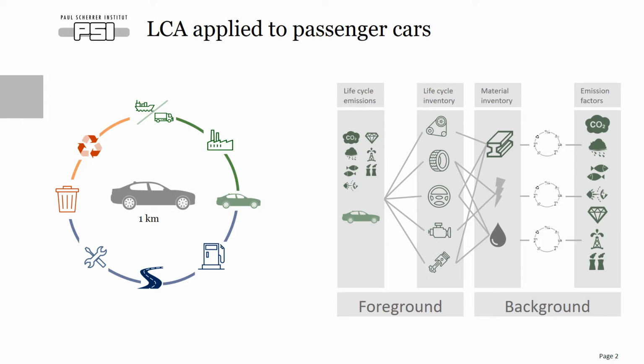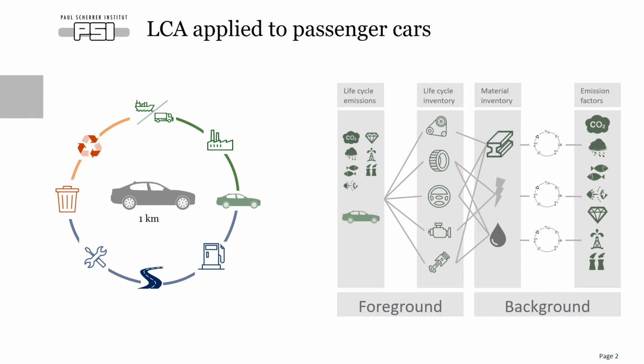So you could see on the right that basically our model would be divided grossly into the foreground model and the background model. In the foreground model, this is where we would model our car, its driving performances. We would also design which components it is made of, the size and its mass, etc. And in the background model, we would have inventories about raw materials, the way they are extracted and transformed and supplied to, for example, the assembly plant.